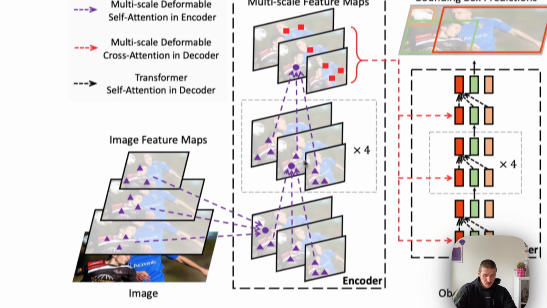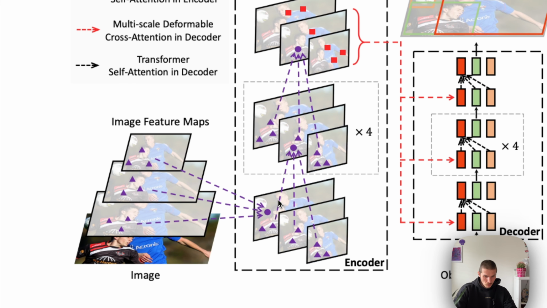So when we do the deformable attention, we want to start somewhere, the head of this football player, for example, then find the reference points in the input corresponding to the same point in the picture. And that happens on different scales. So we'll have the head of my football player here, here, and here.